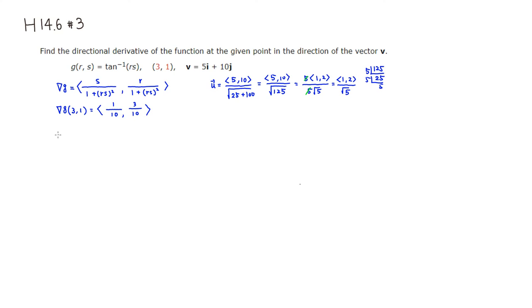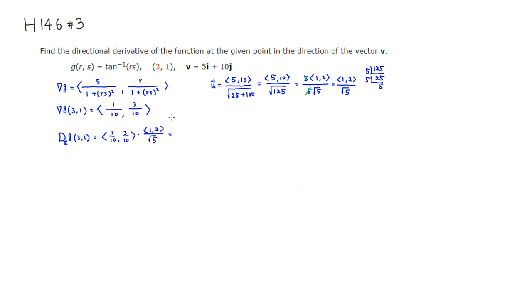So the directional derivative of g in the direction of u evaluated at (3, 1) would be, we have the gradient, and then take the dot product with (1, 2) over square root of 5.